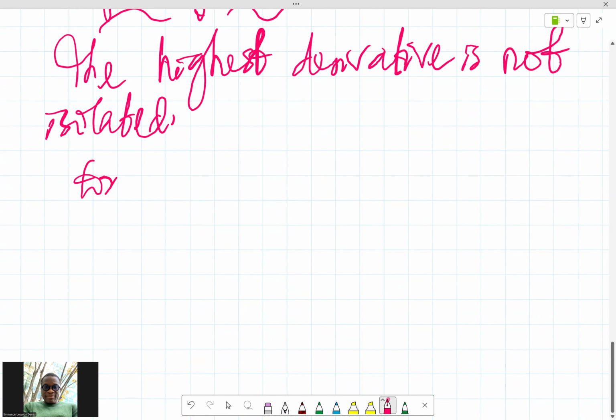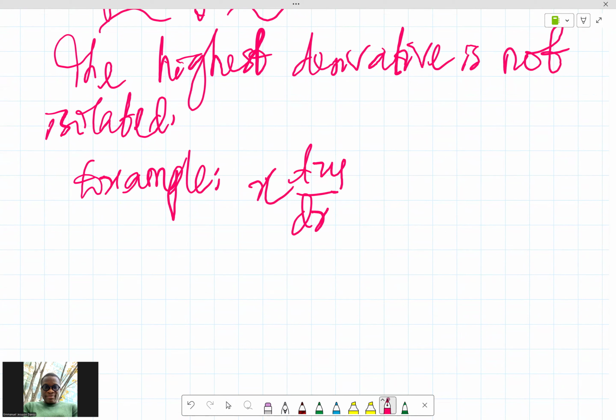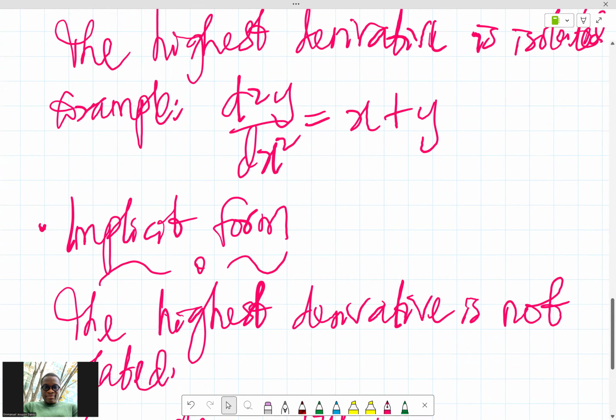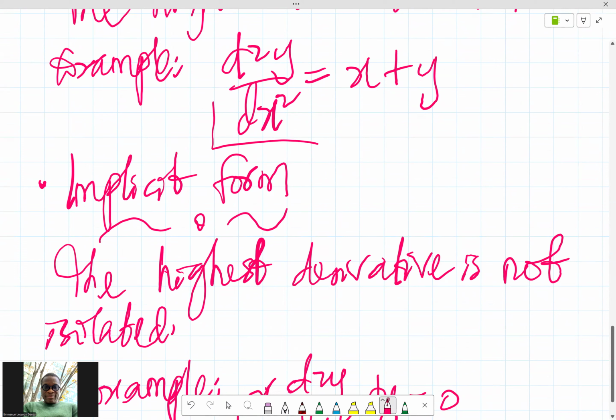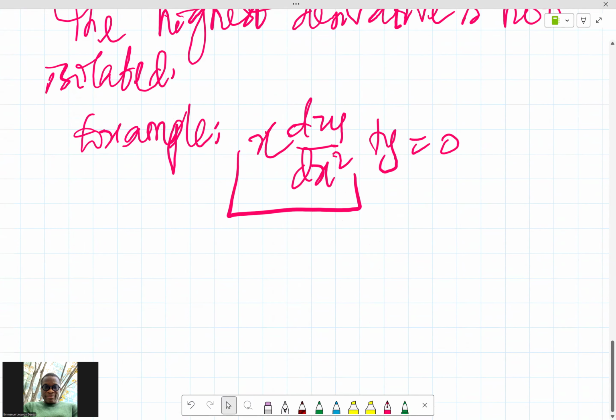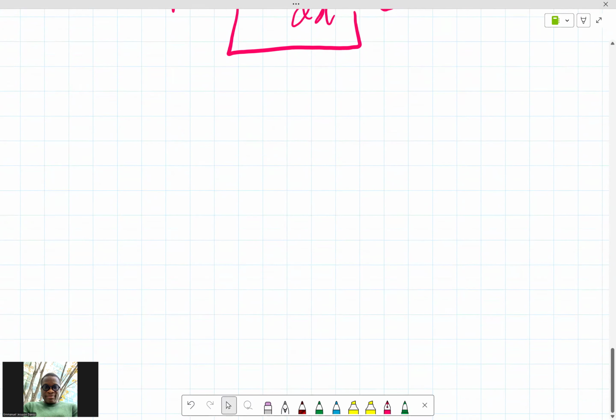A very good example of that is x d squared y/dx squared plus y equals 0. So this is implicit because the highest derivative d squared y/dx squared has x joined to it. Whereas in the previous case, it was standing on its own. So you have implicit and explicit representation like that.